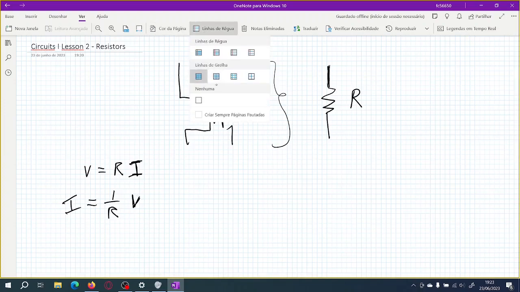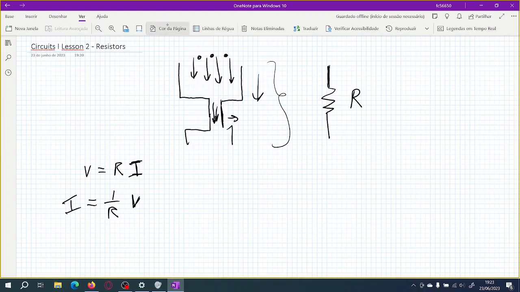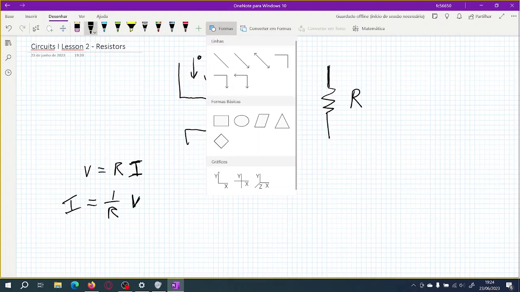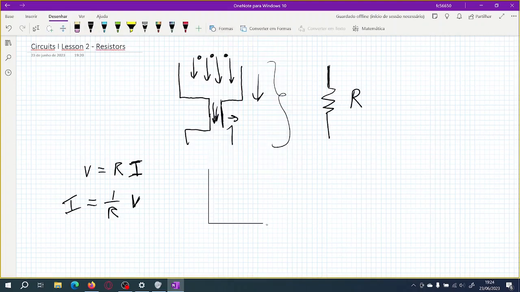And if we draw a graph, you can see that we put here the current, here the voltage.